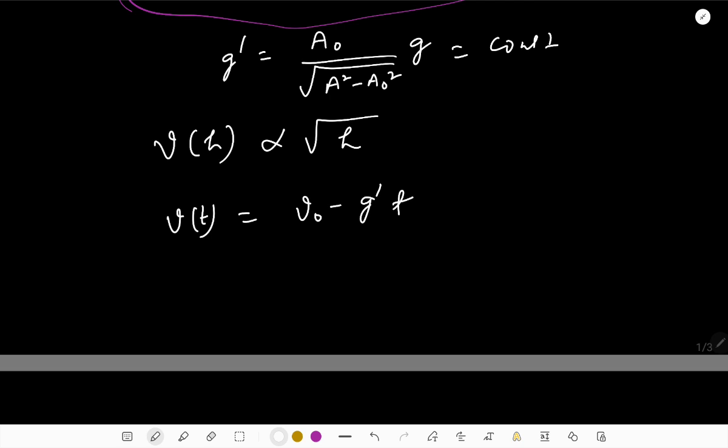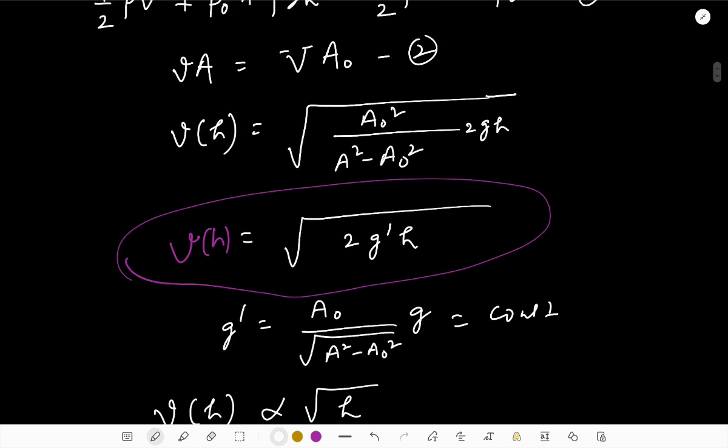And I also know that when half of the water has flowed out, the small body has reached a height H by 2. How do you know this?